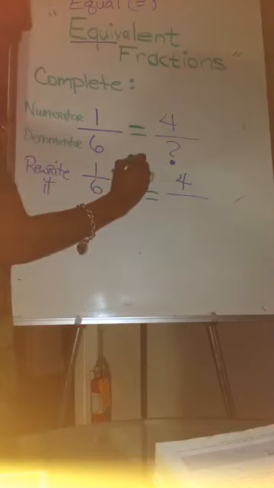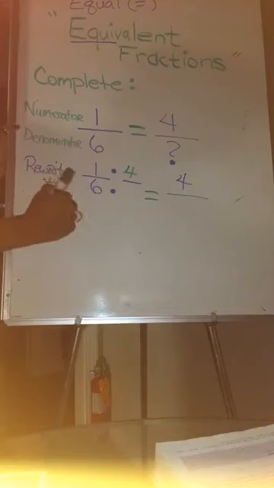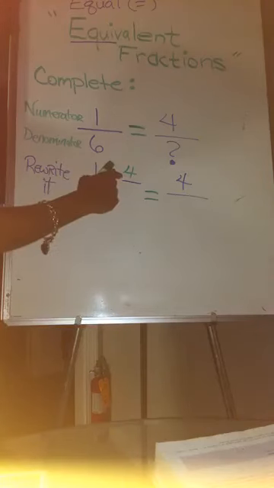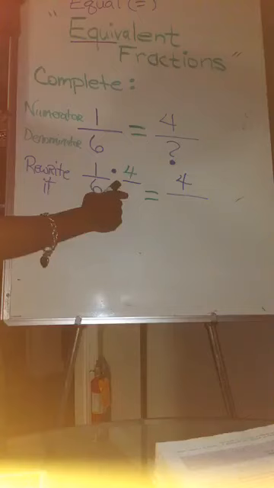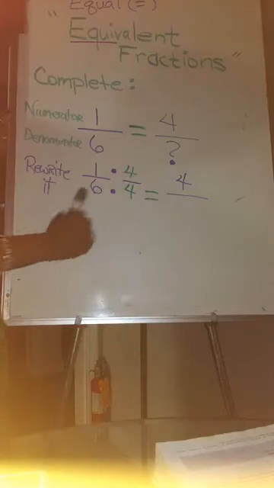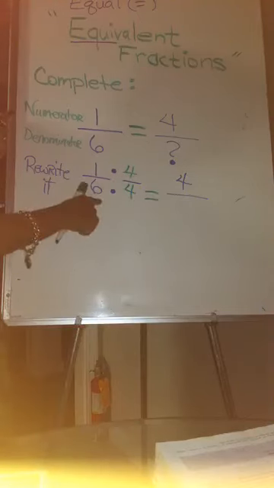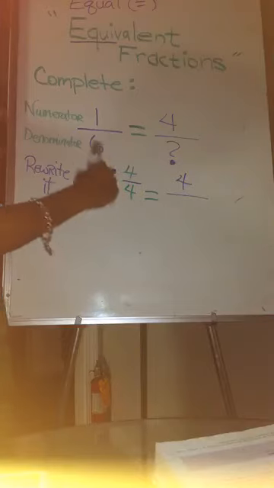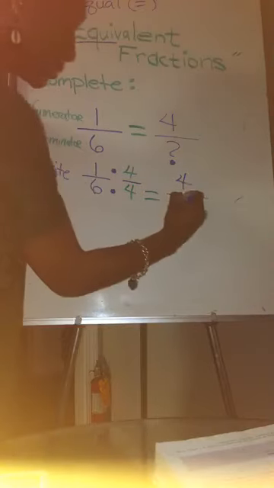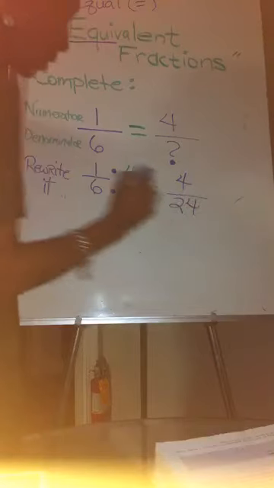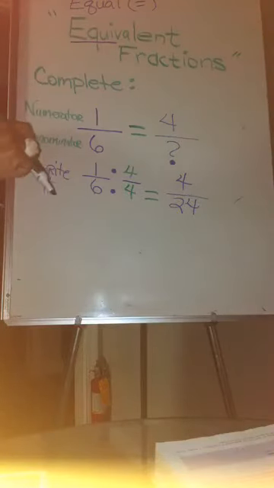That would be 4. And remember, whatever we do in the numerator, we must do in the denominator. So now we have 6 times 4 is our answer. Our equivalent denominator is 24.